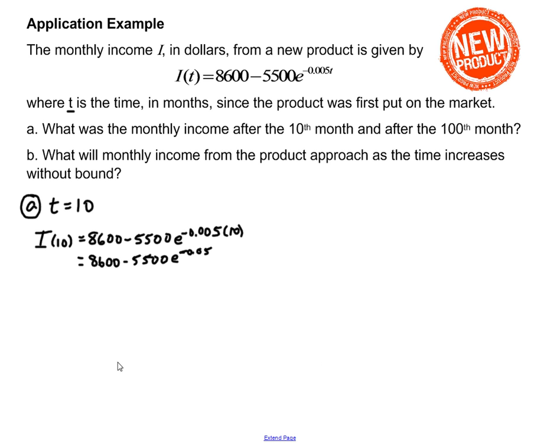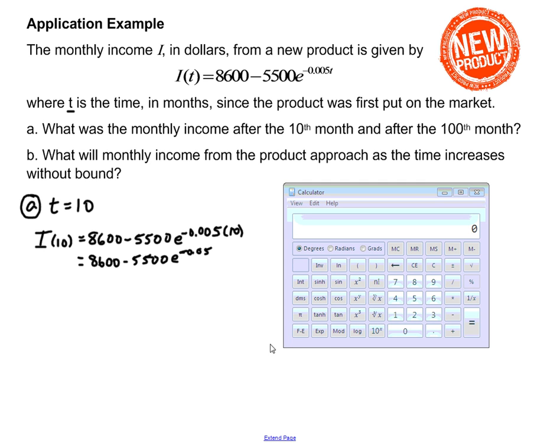So what will that work out to? Well, this is where I'm going to need my calculator. So here's my calculator. I'm using the Windows one. I'm going to take 0.05, take the negative of that value, and raise e to that power, so it will be inverse e to the x right there.